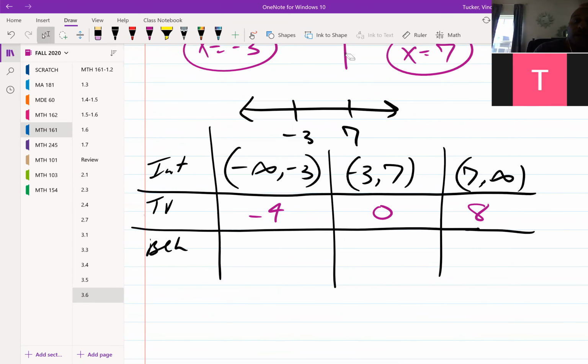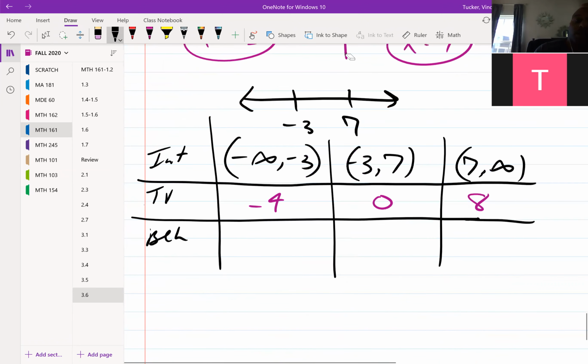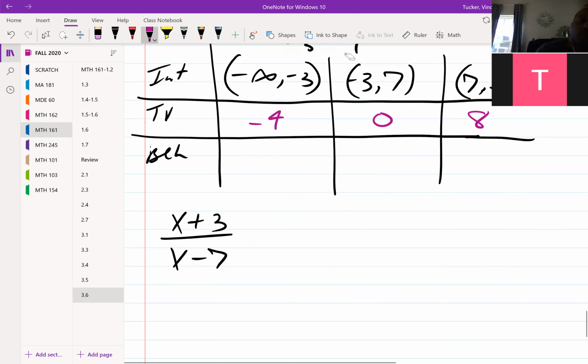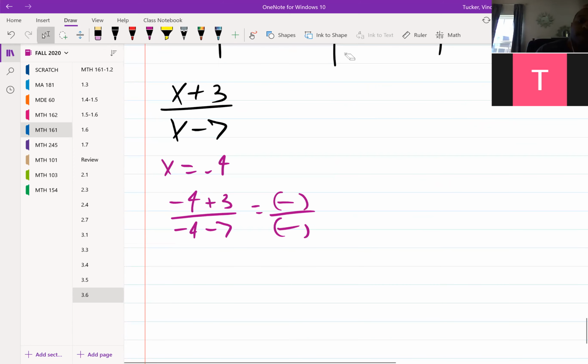All right. Now we plug them in. Our equation is x plus 3 over x minus 7. So we're plugging them into that. When x is equal to negative 4, that's a negative over a negative, which is positive.